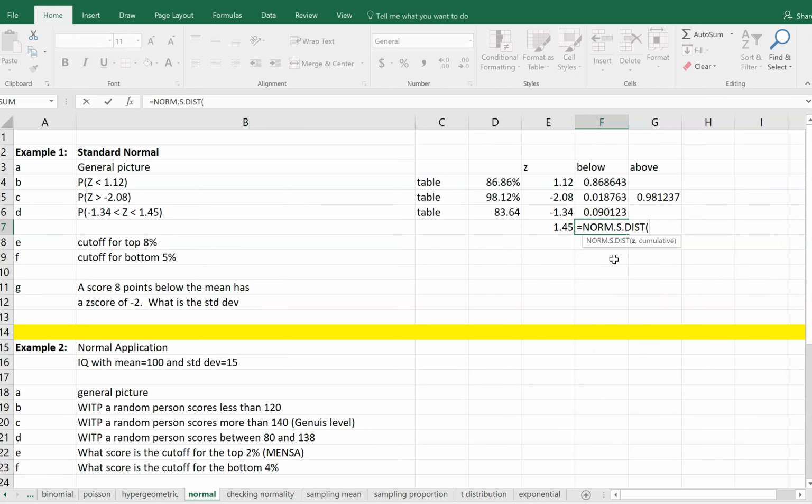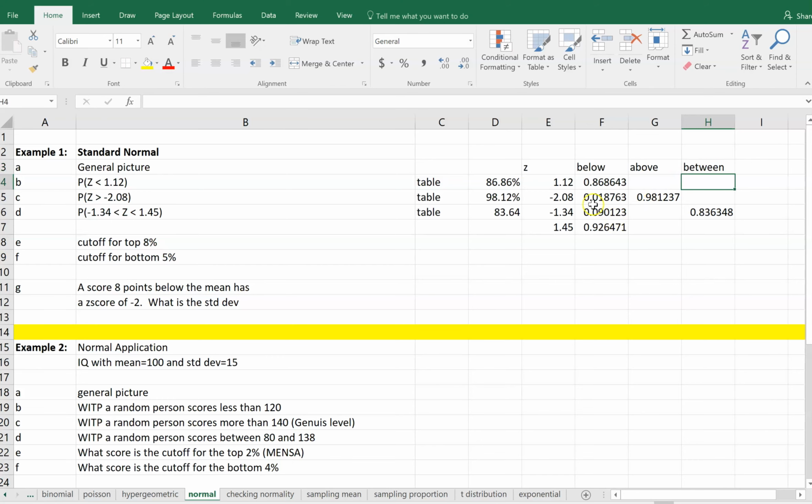NORM.S.DIST is just like looking up in the table. That's all it is. It's just doing it out to many, many decimals where the table has been rounded. So this is the area to the left of negative 1.34. This is the area to the left of 1.45. So if I want the area between them, I would subtract the two. I would take 92% minus 9% and get the matching answer of 0.8364 for between.